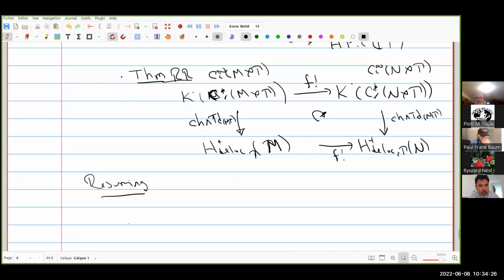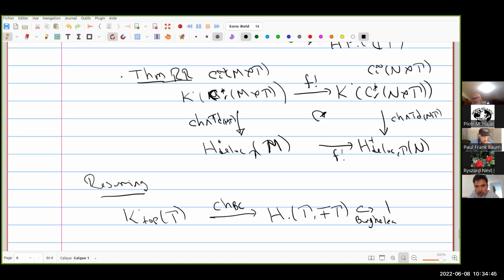so what you get is a map to here, to the elliptic component of the periodic cyclic cohomology. So let me just, by abuse of notation, take this as a factor of cyclic periodic cohomology.